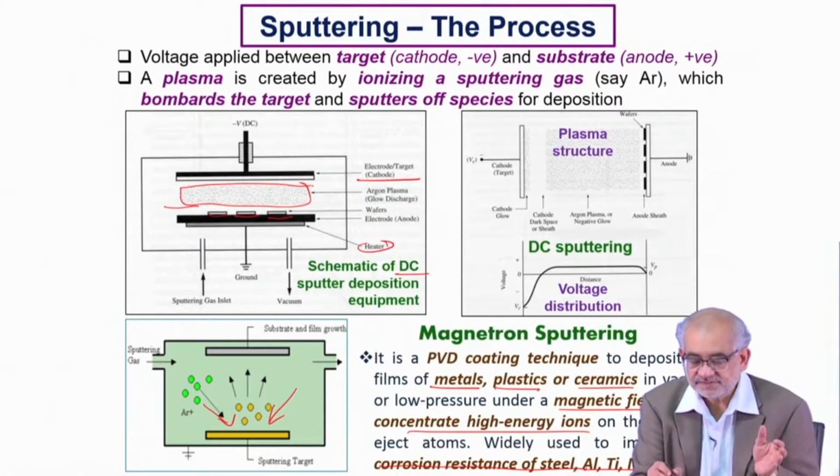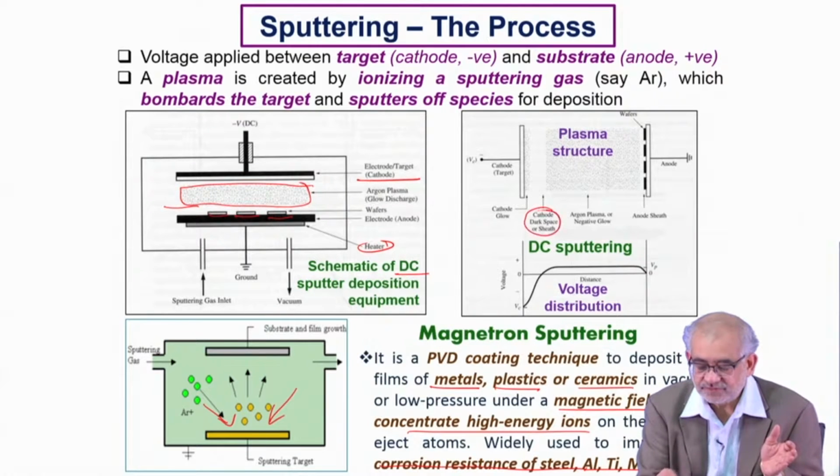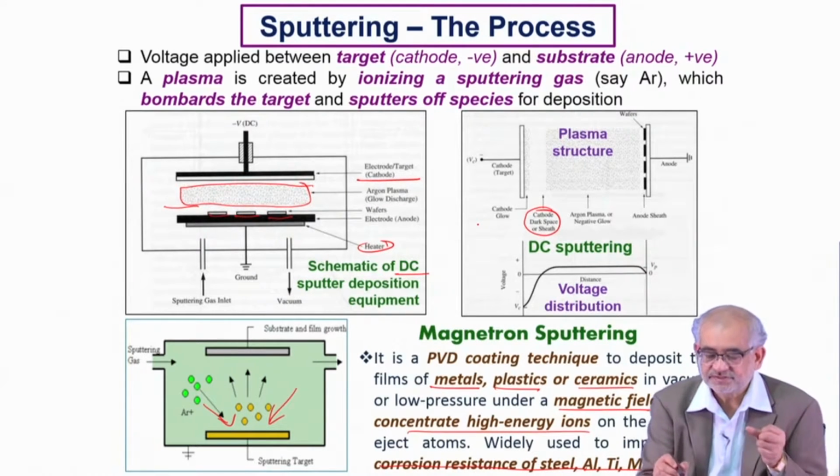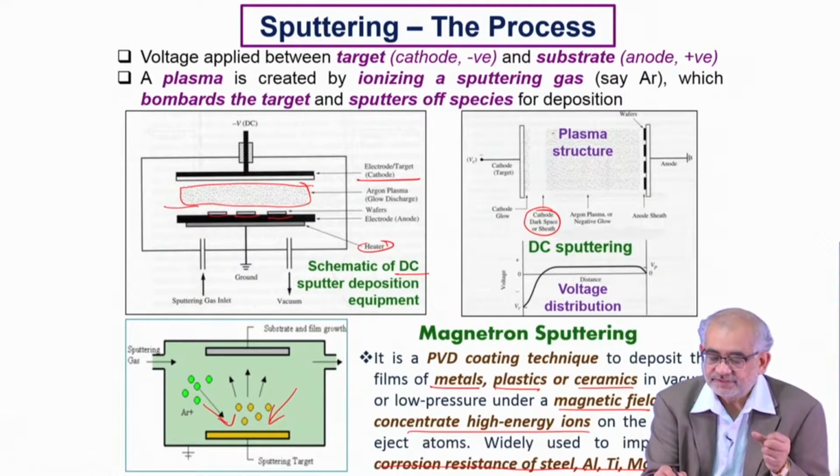So this is the space I was talking about, which is called the dark space or the sheath. So you create a high density plasma all over.